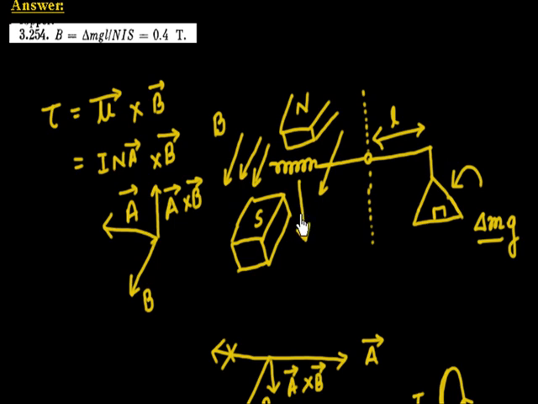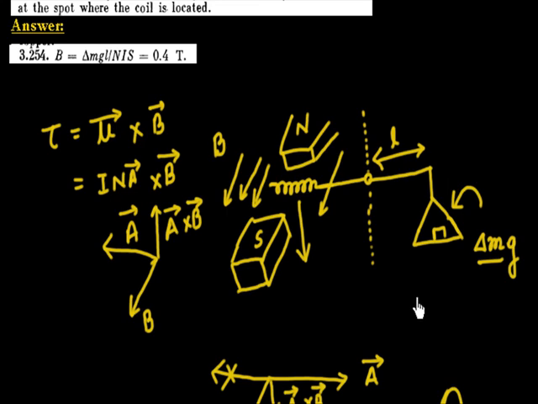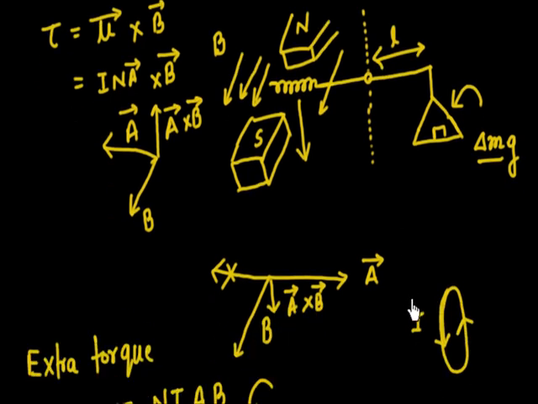To balance this extra torque, I have to apply some extra mass, and that will also have some torque. Now if I equate these two torques, clockwise and anti-clockwise, we will get the magnitude of B. Now I know the strength of the magnetic field due to this magnet. This is quite a good experiment.